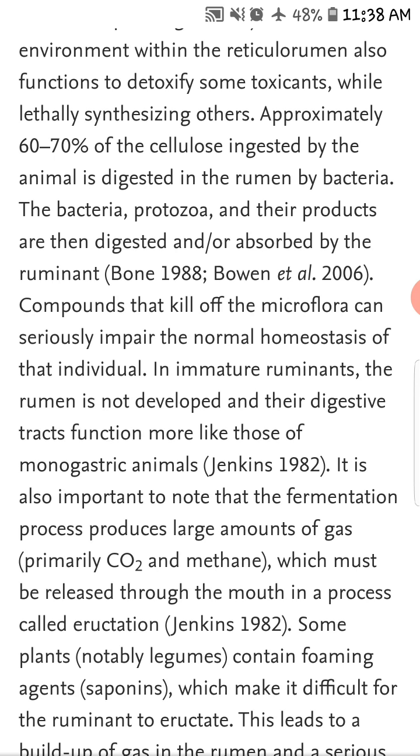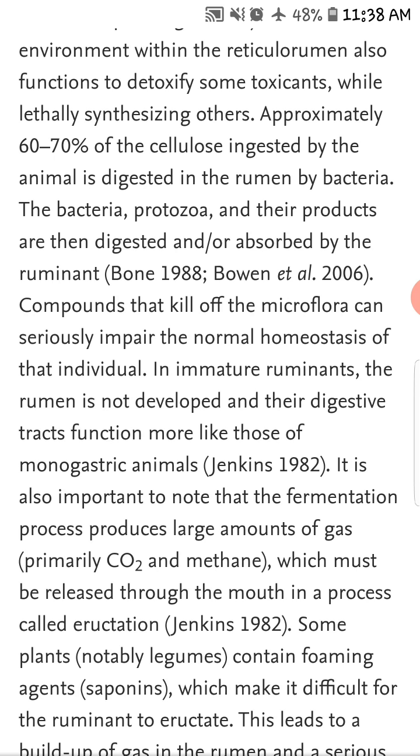It is also important to note that fermentation produces large amounts of gases, primarily CO2, carbon dioxide, and methane, which must be released through the mouth in the process of eructation. I think you should know the process of eructation.